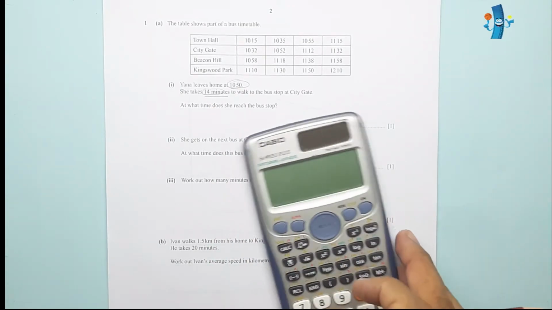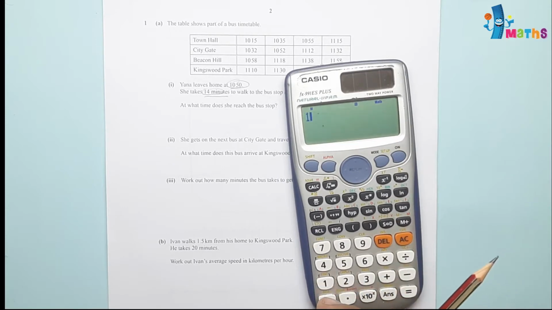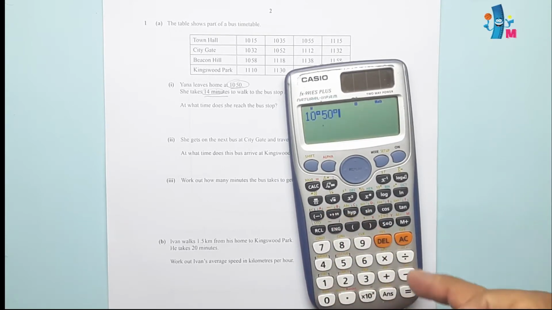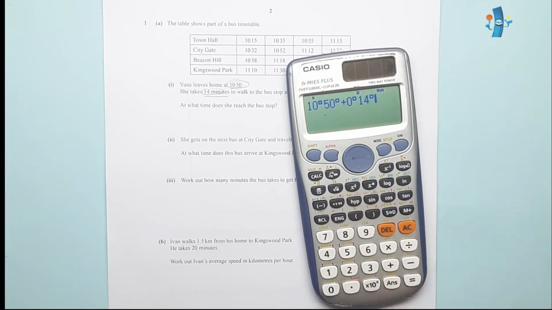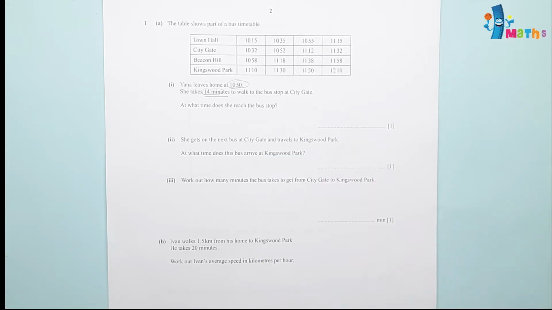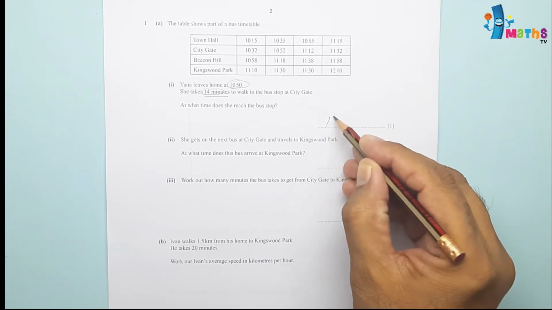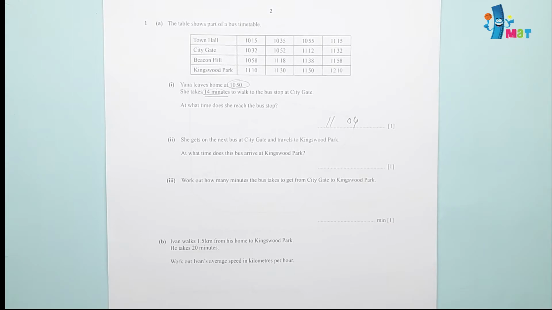We can use a calculator to add the time. 10 hours and 50 minutes plus 0 hours and 14 minutes adds up to 11 hours 4 minutes. So we can write 11 hours and 4 minutes.